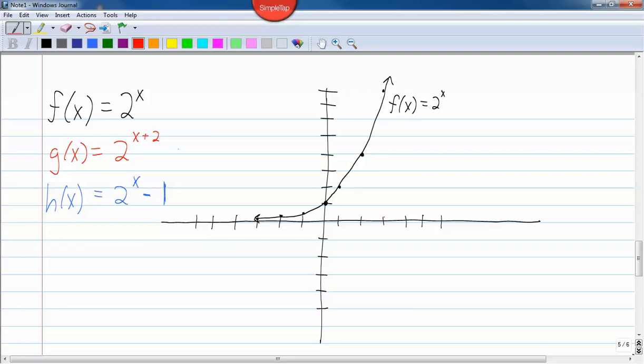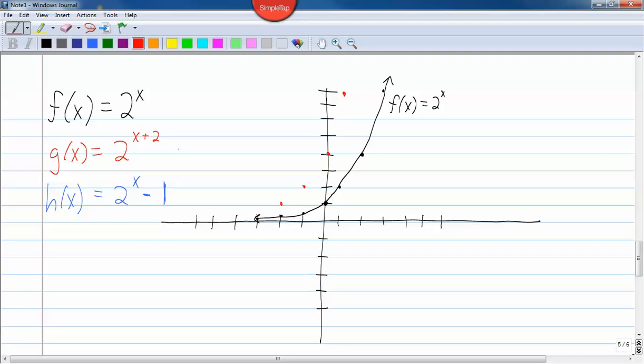So this point that's at x equals 3, I would shift that over 2 units. This point that's at x equals 2, shift that over 2 units. This one, shift it over 2 units. Shift this one over 2 units and do the same with these.